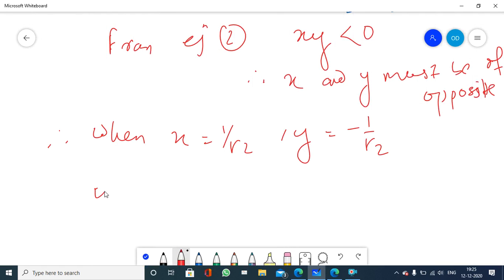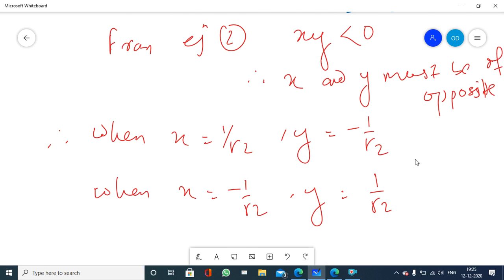Similarly, when x is equal to minus 1 by root 2, then y must be equal to plus 1 by root 2. x has two values, y has two values, but this value of x is associated with this value of y, and this value of x is associated with this value of y, because the product of x and y is negative. Get my point so far?